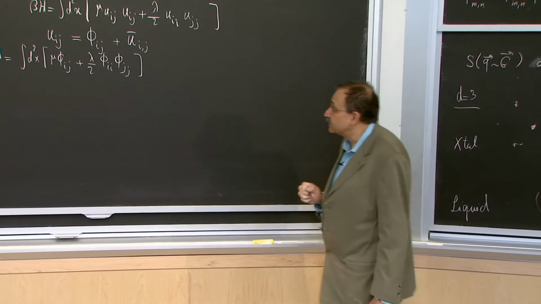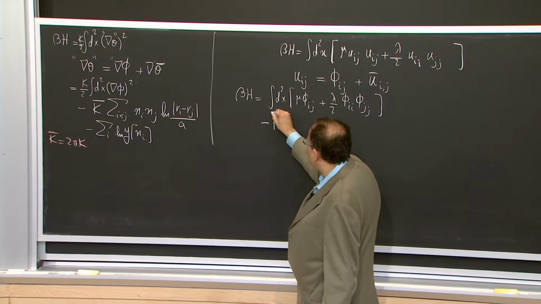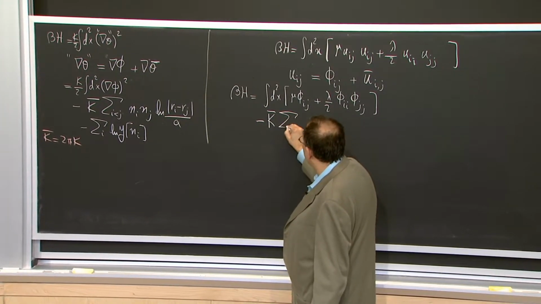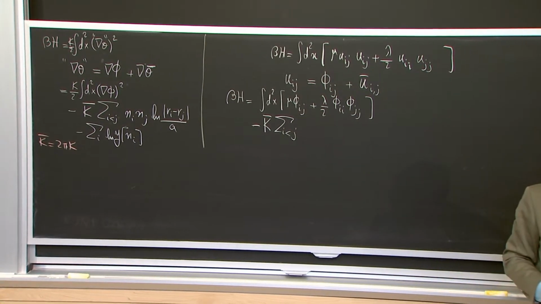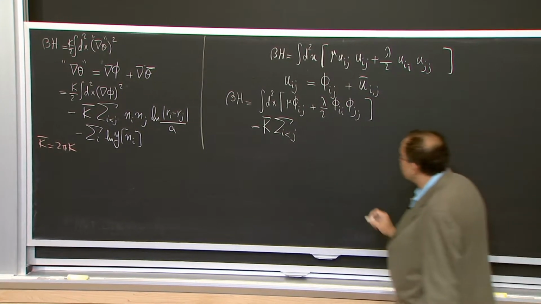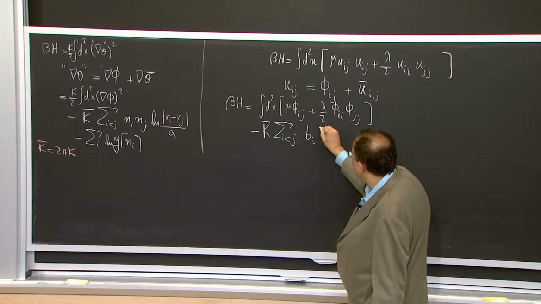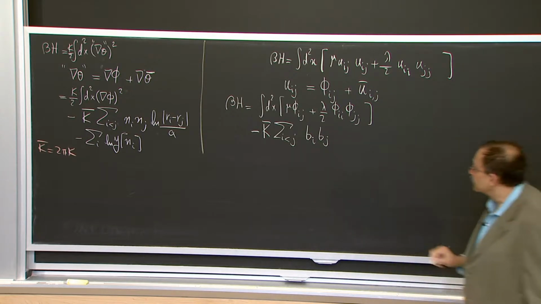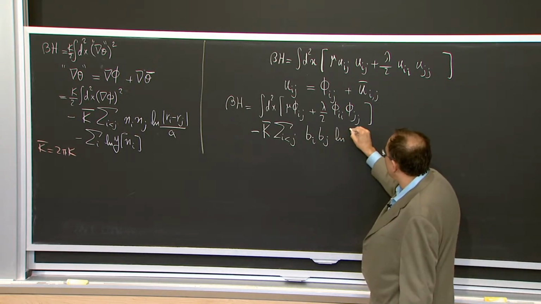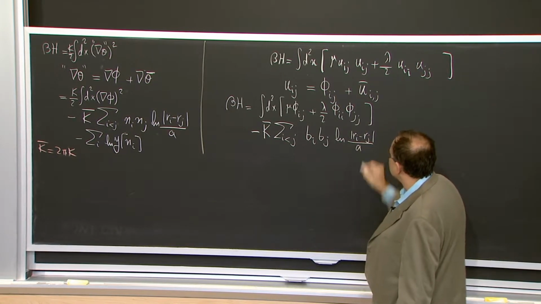Laplacian of a potential is 0. So not surprisingly, I will get a minus k bar sum over pairs of where these dislocations are located. And then I will have b at location i, b at location j. And then I would have a log of Ri minus Rj with some cutoff.